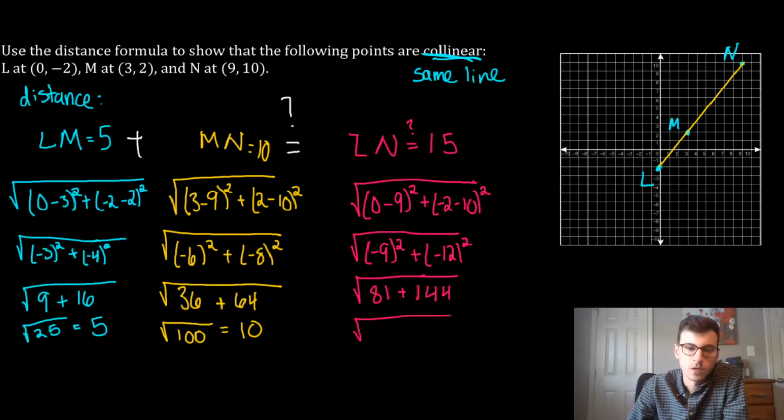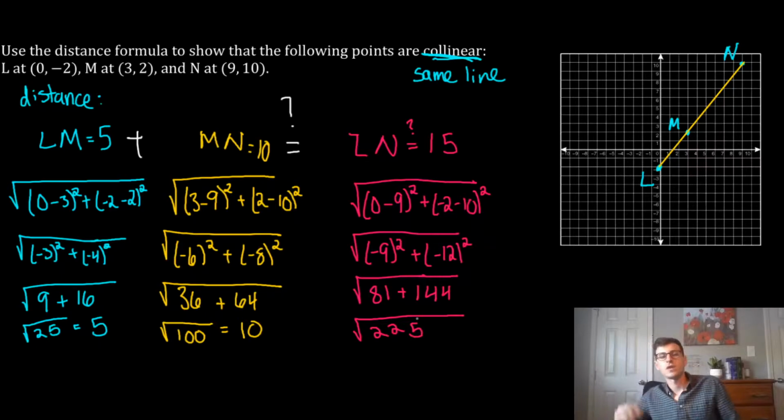So 81 plus 144 is 225. Is the square root of 225 equal to 15? Well, you could check this out on a calculator. You could take the square root, or maybe you know your square roots, or you could simplify it. But if you take the square root of 225, you actually do get 15.